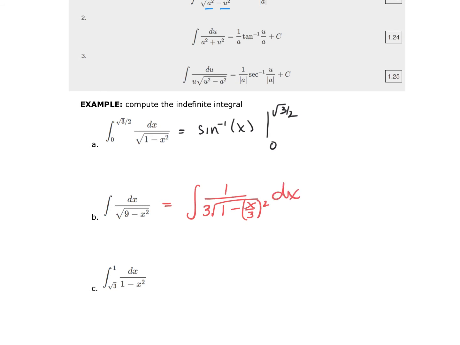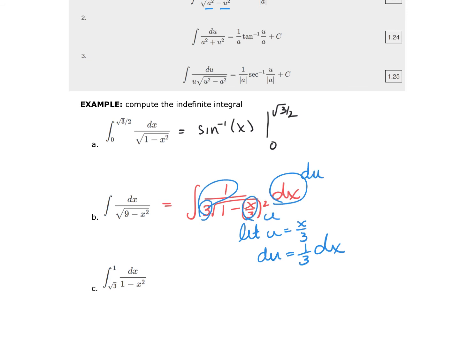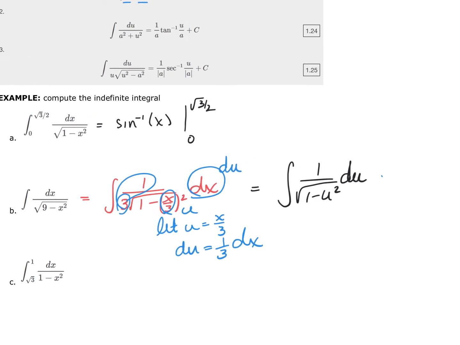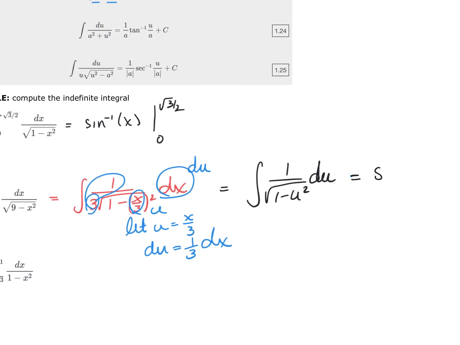Now, this is just a nice little let u equal x over 3, du is equal to 1/3 dx. Now you can see why this 1/3 and this dx get replaced with du, and this gets replaced with u, and so my integration then becomes 1 over the square root of 1 minus u squared du, which we know is just going to be the sine inverse of u plus c.